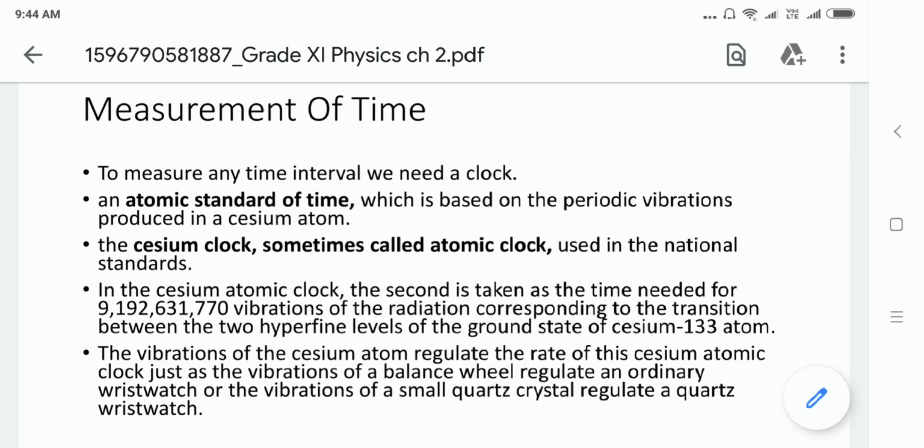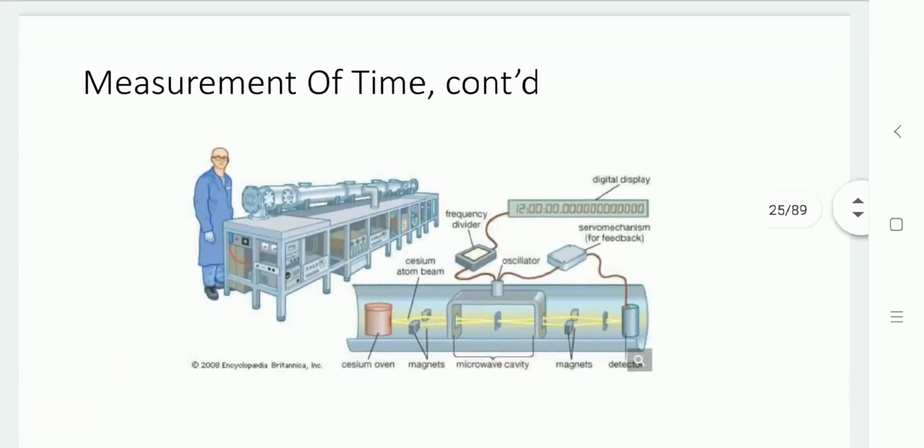Its stability is better as compared to the quartz crystal. So the balance and proper vibrations must be there. They are not supposed to be reduced in between. Oscillations must be maintained continuously for this many number of times. Let us understand how this atomic structure will work.